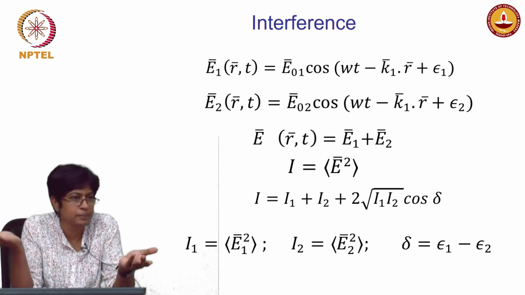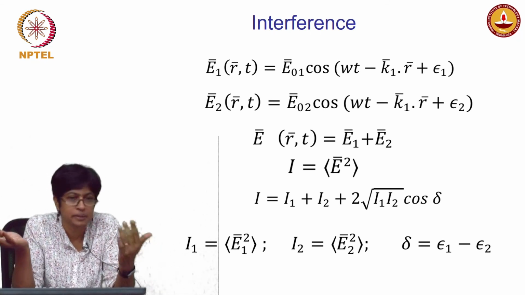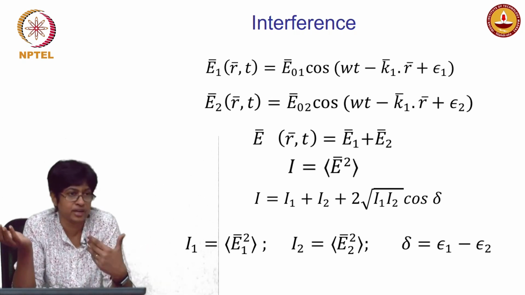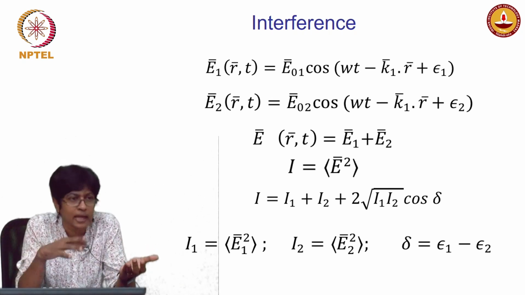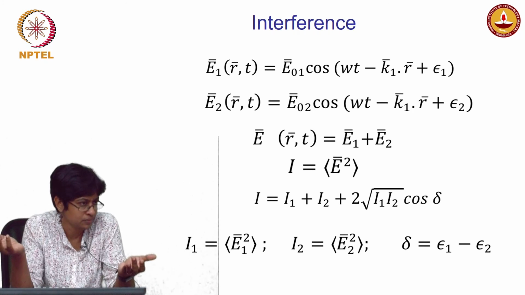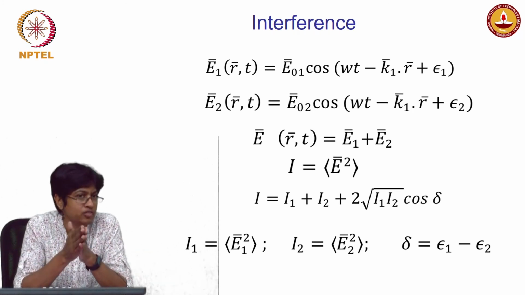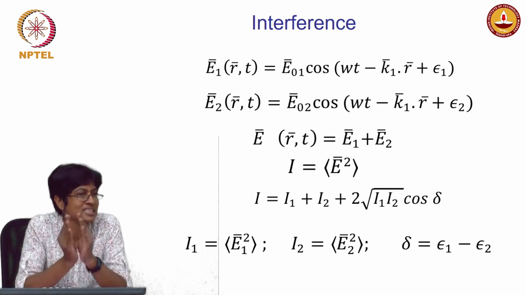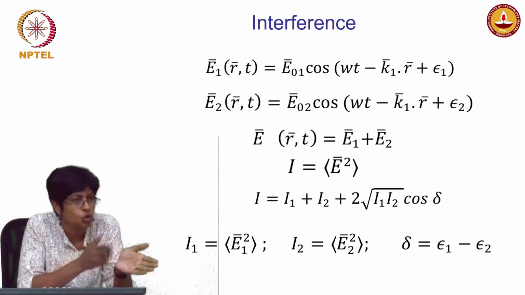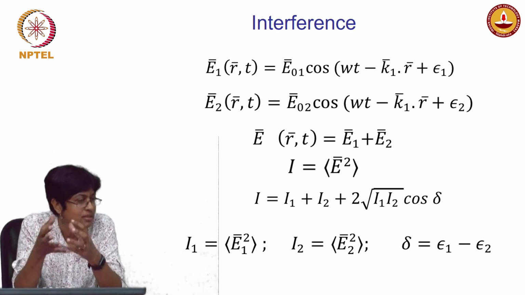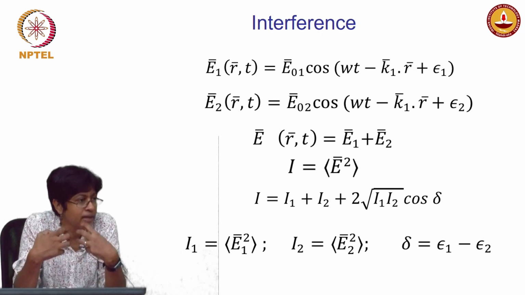I could split these two beams and one beam could be travelling through water and one beam could be travelling through air. One beam could be travelling through a medium whose refractive index I want to find out, and another beam is travelling through air. Generally in an interferometer you will refer to one beam as a reference. It's there to cause the interference, and the other beam is somehow going to acquire the information.